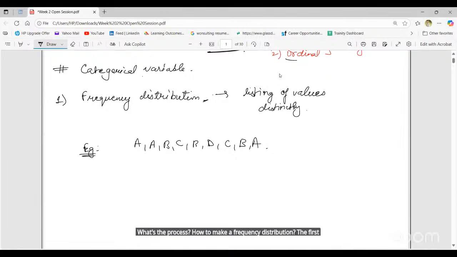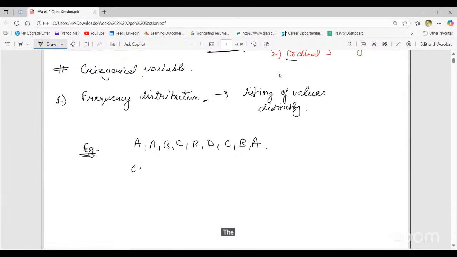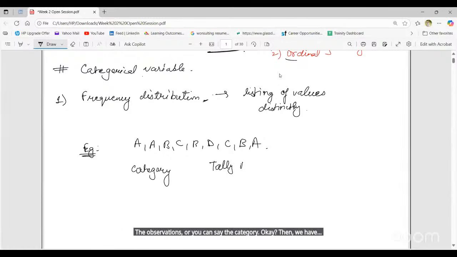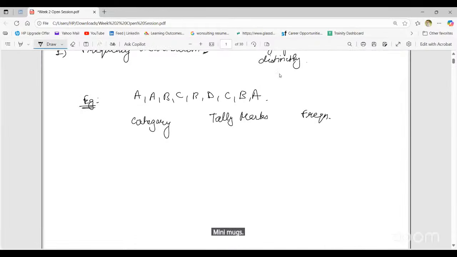The first column is the observations, or you can say the category. Then we have tally marks, and then we have the frequency. What are the distinct categories here? A, B, C, and D.